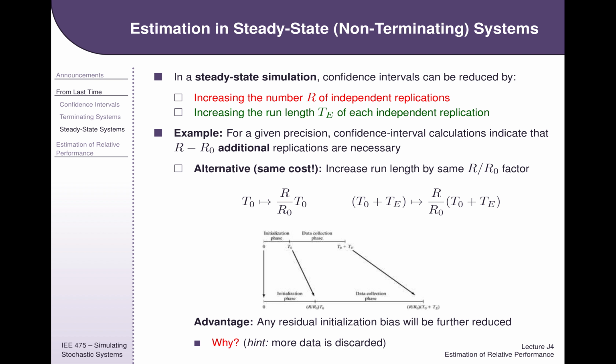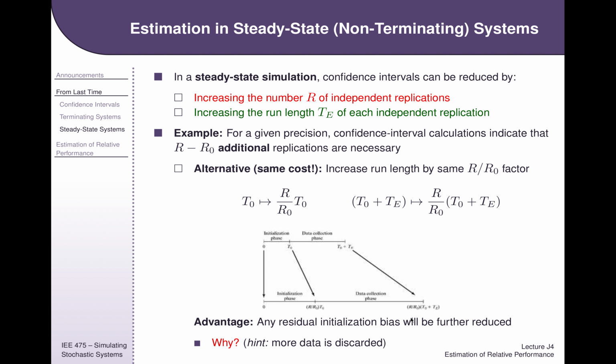Now, it may seem like I may as well have just run more replications. But it turns out that this approach will be better because it further reduces any initialization bias. And so that's why we prefer doing it this way. Once you have enough replications, we prefer to do it this way because the additional discarded data and the additional data collected per replication is going to further squash any residual initialization bias, and it may actually reduce the variance along the way.